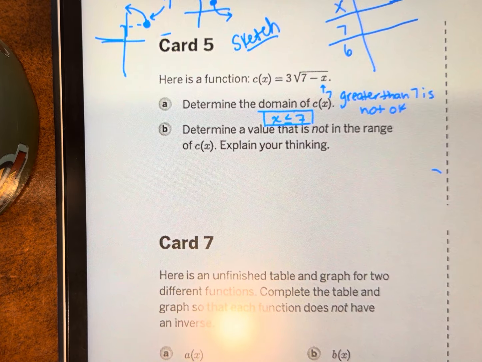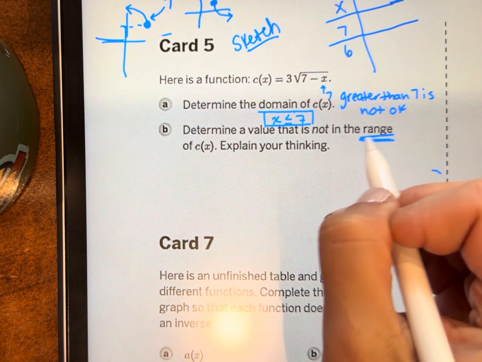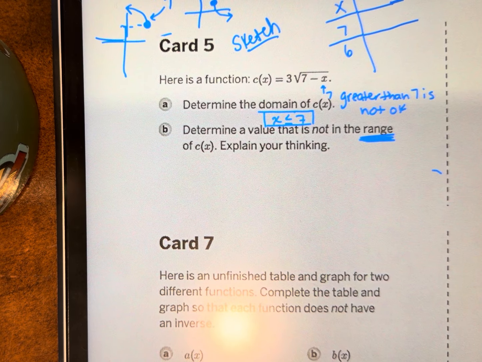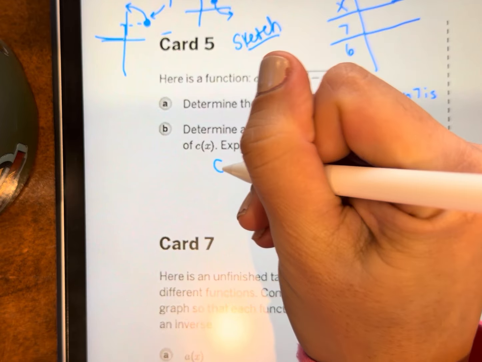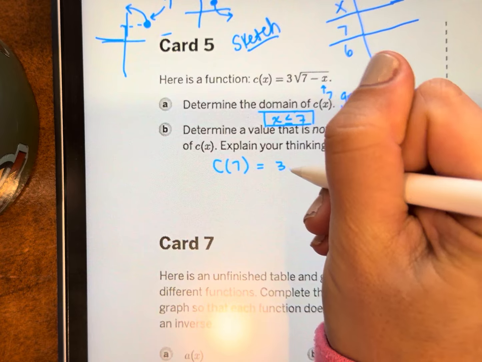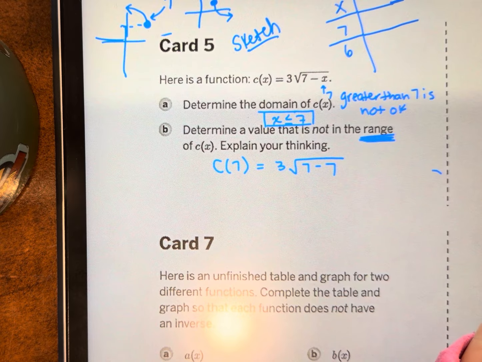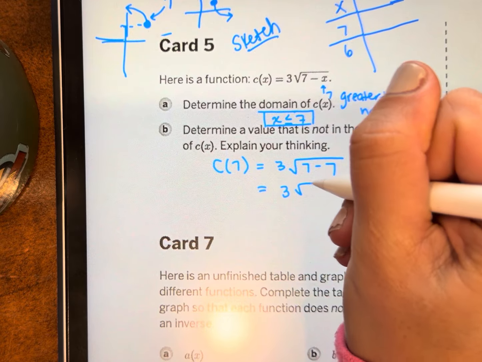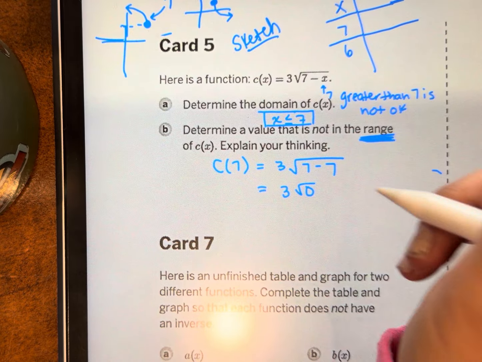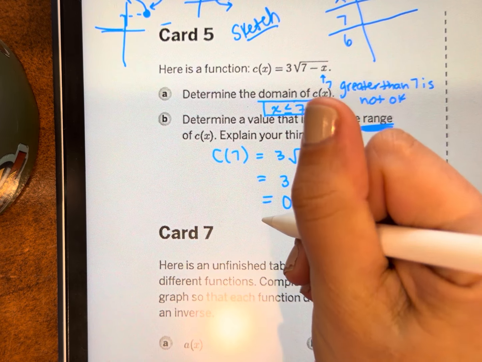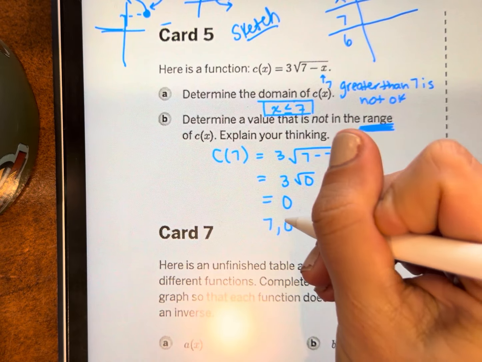So I know that the boundary line of the range is whatever the y value is when I plug in 7. So let's plug in 7. C of 7 equals 3 times the square root of 7 minus 7. 7 minus 7 is 0, and the square root of 0 is 0. And then 3 times 0 is 0. So that means that point right there is 7 comma 0.